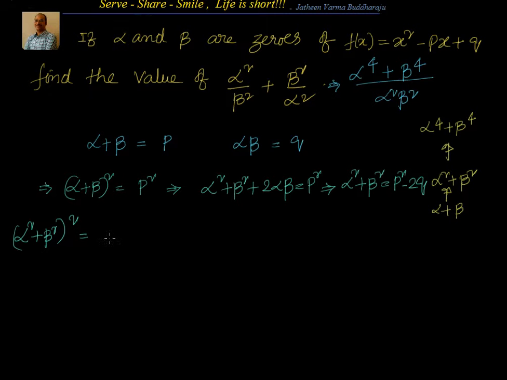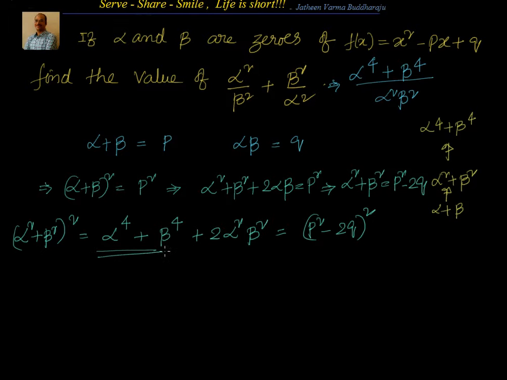Now if you take alpha square plus beta square, whatever value we got, we square it on both sides, that's nothing but alpha to the power of 4 plus beta to the power of 4 plus 2 alpha square beta square, equal to p square minus 2q whole square.